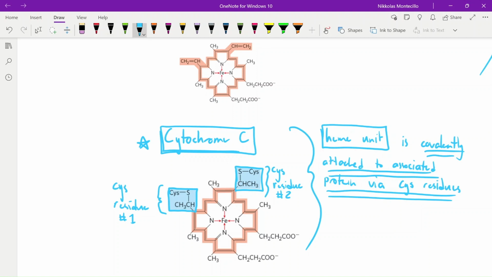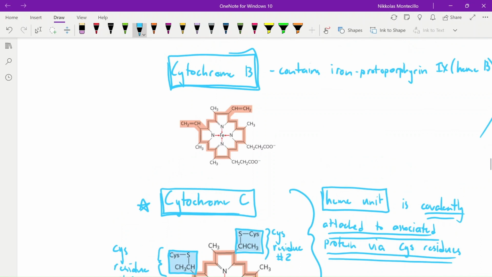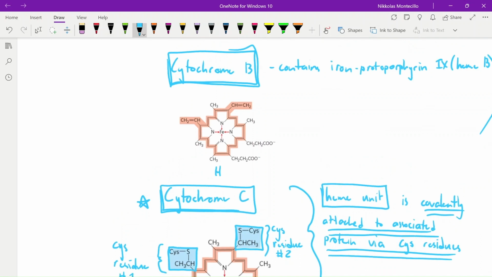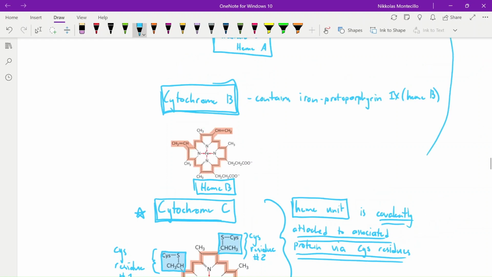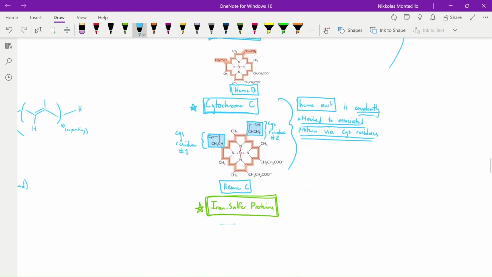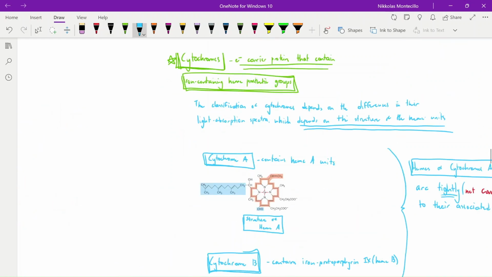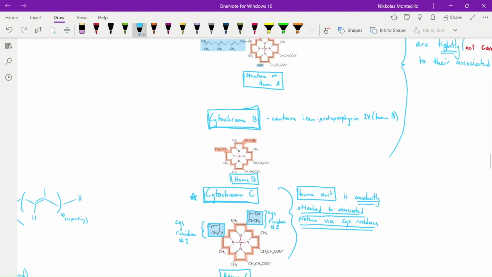So a cysteine amino acid forms a covalent bond with one of the sulfur atoms attached to the heme C. Okay. And this is heme B. All right, and that's pretty much it for the cytochrome electron carriers.